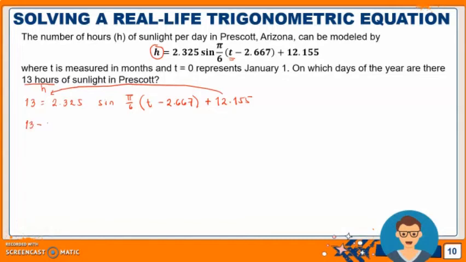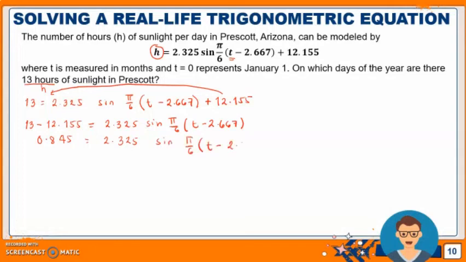That's 13 minus 12.155 is equal to 2.325 sin(π/6 (t − 2.667)). Simplifying it further, this is 0.845 = 2.325 sin(π/6 (t − 2.667)).